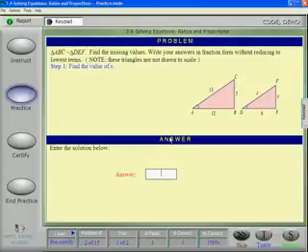Okay. Next example, find the missing values. Write your answers in fraction form without reducing to lowest terms. So you're going to try to solve for x over here to find the length of this triangle, and they want you to write your answer without rounding, and if you have an improper fraction, you'll leave it as that. The only thing is you need to reduce your final answer. As a process, when you have two triangles that are similar, it means that the angles are the same. Notice this little curve here, this little curve here.